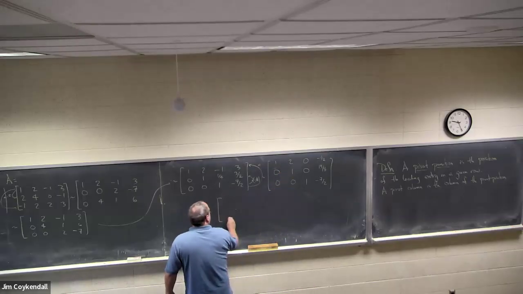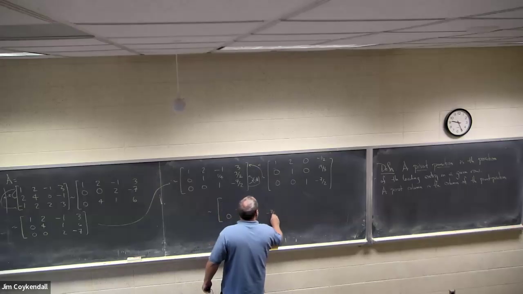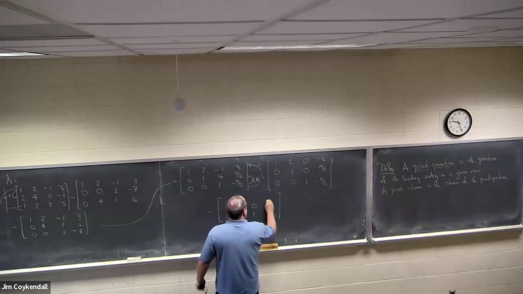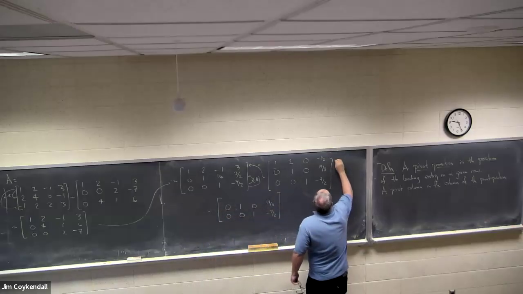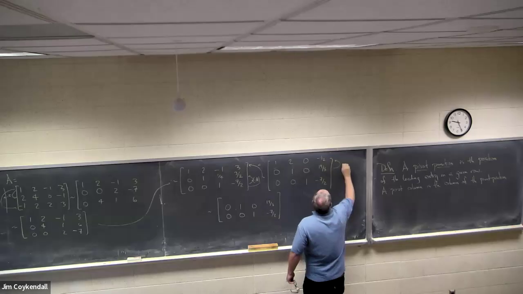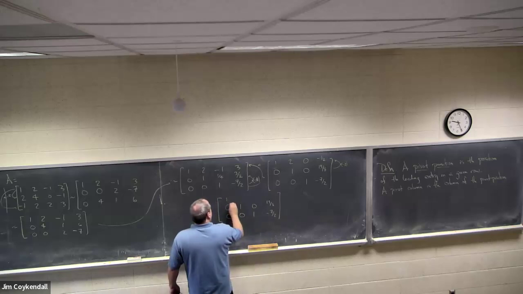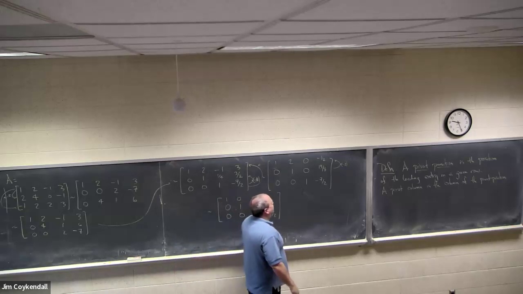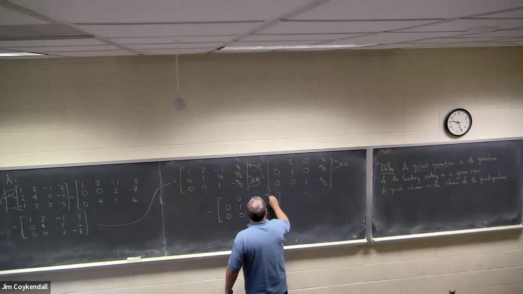So 0, 0, 1, -7/2. 0, 1, 0, 19/8. And let's see, to take this out, I need to multiply that by negative. All right, so that's going to give me 1, 0, 0. So it's going to be -19/4 minus 2/4, which is -21/4.